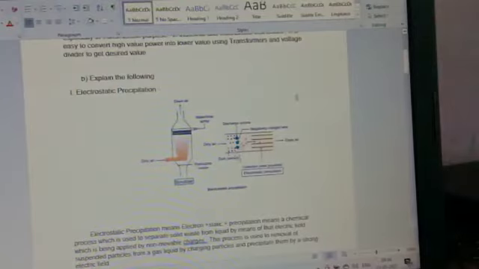And this is the apparatus for electrostatic precipitation, where this is the clean air and this is the dirty air. Dirty air is passing through this chamber, and this is the particulate matter. This is a scrubber, and this is a positively charged and this is a negatively charged.